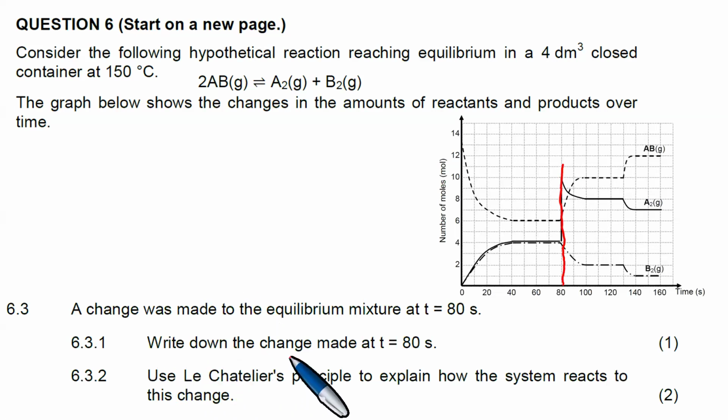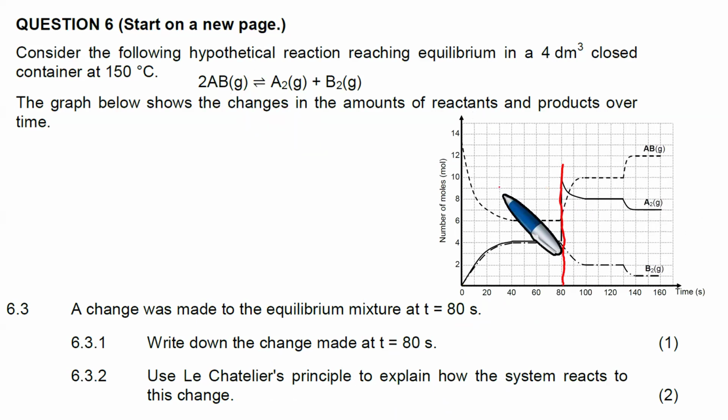Write down the change made at t equals 80 seconds. What change was made at t equals 80 seconds? Right, so what are you able to see here in particular? You can see the AB, which reflects the reactants.